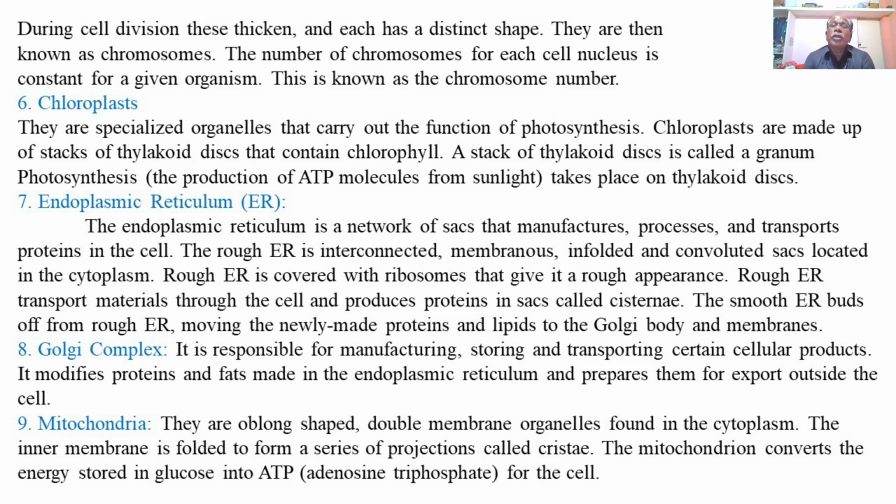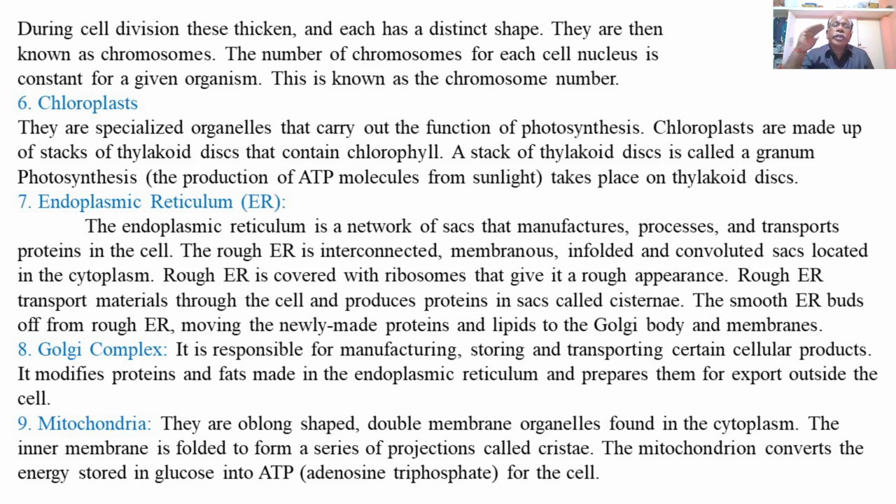The endoplasmic reticulum is a network of sacs or lamellae that manufactures, processes, and transports the proteins in the cell. This interlamellar network forms the rough endoplasmic reticulum and the smooth endoplasmic reticulum, and performs the function of protein synthesis.